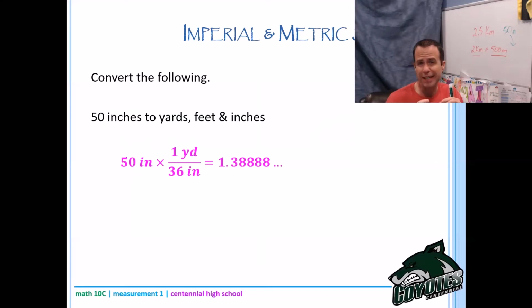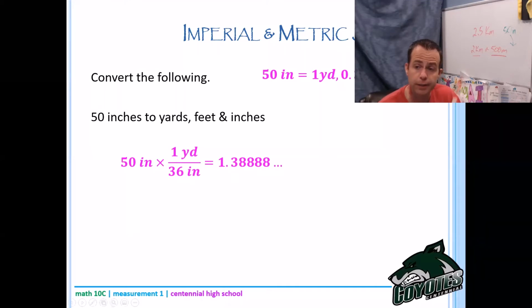So now I want to take that leftover piece and figure out how many feet are in the leftover piece. So far, my statement says 50 inches is the same as 1 yard and 0.388888889 of a yard. Now, the only reason the 9 is there is because I had to stop the number, but I'm going to take this guy now and convert him into feet, okay?